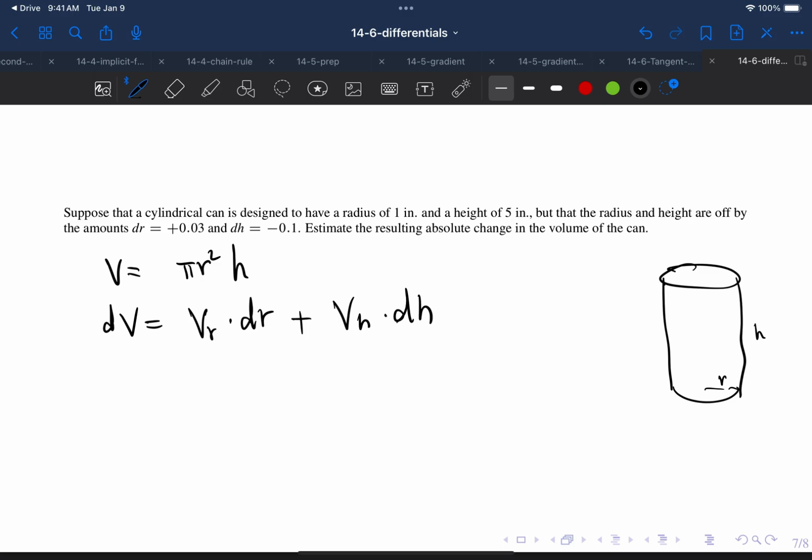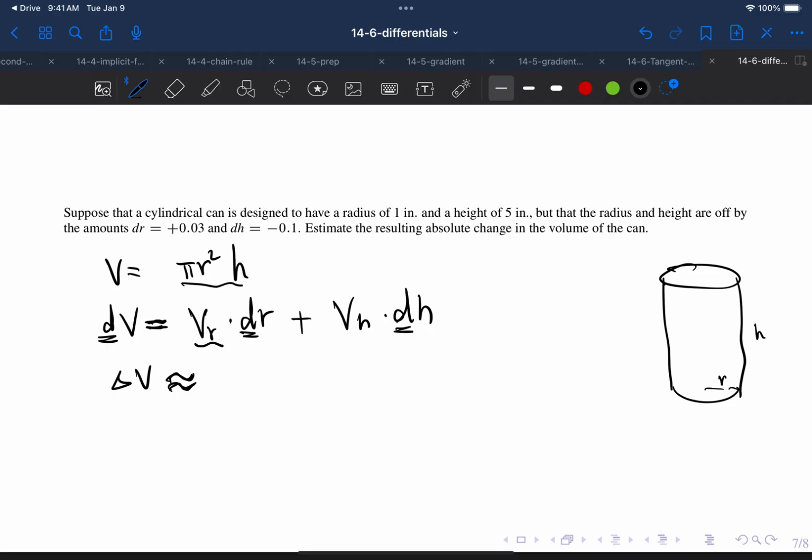This is another change due to the change of H. Now, what is delta V? Estimate. So we change all these to delta, but then we write an approximate equal sign. And then VR, what is VR?